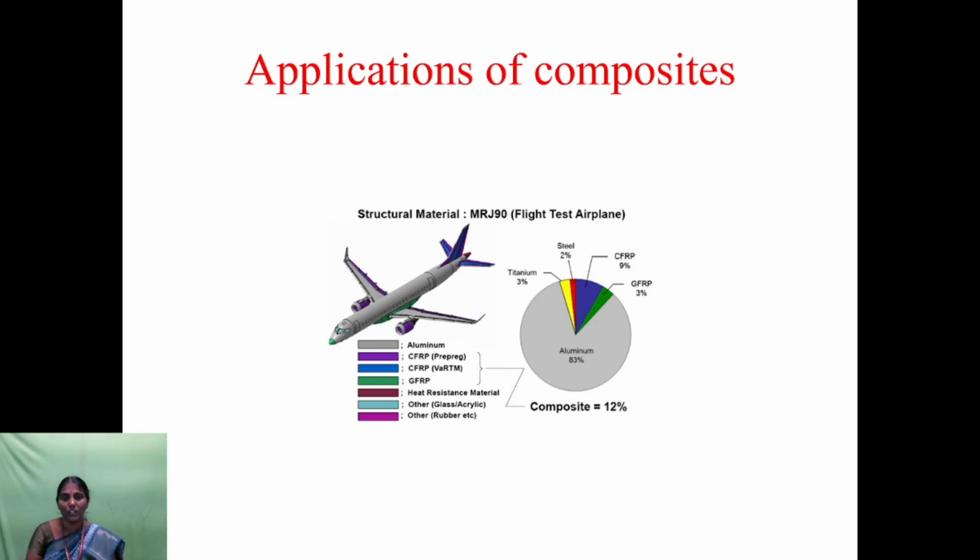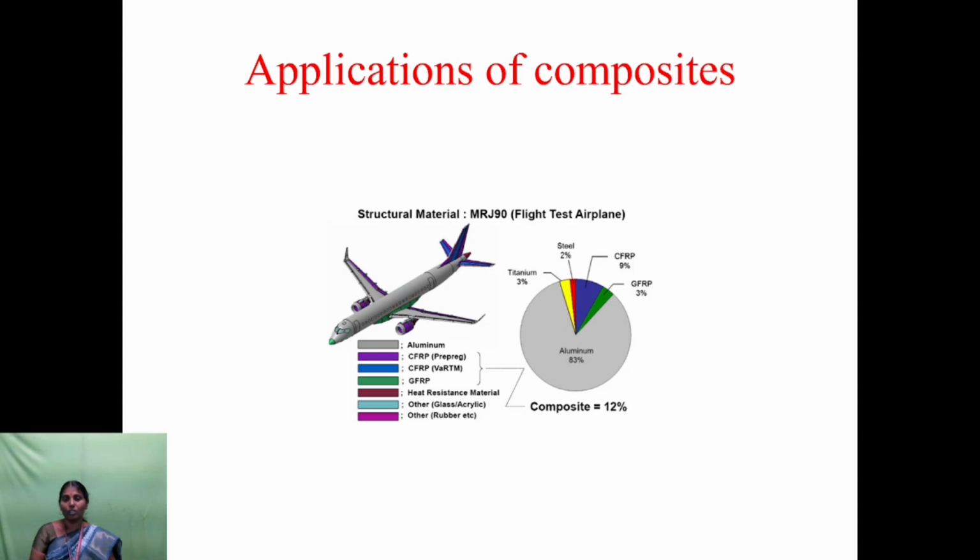Next, the application of composites. The first one is structural material. In spacecraft and flight test airplanes, we can use 3% titanium and 2% steel, carbon fiber reinforced plastic 9% and glass fiber reinforced plastic 3%.